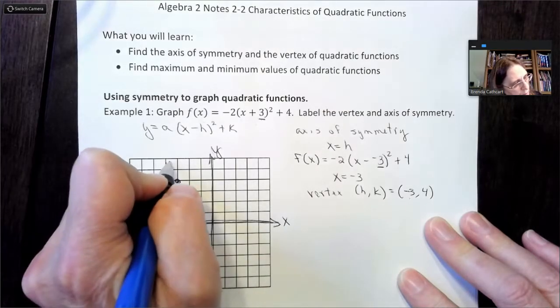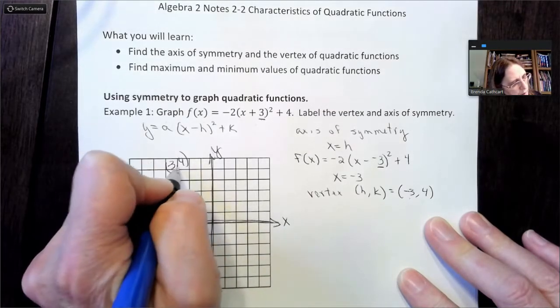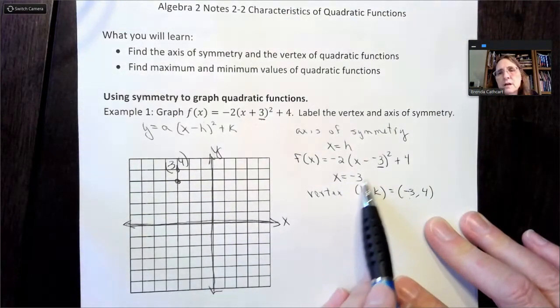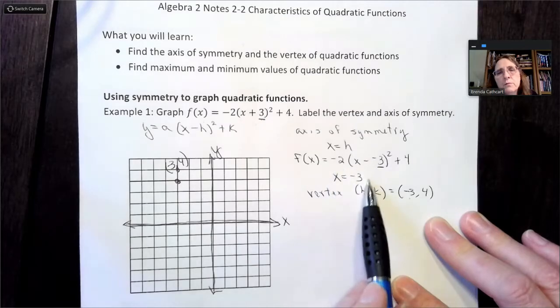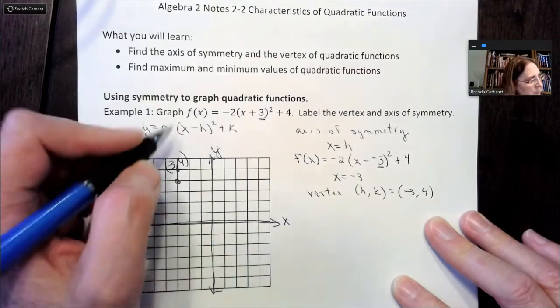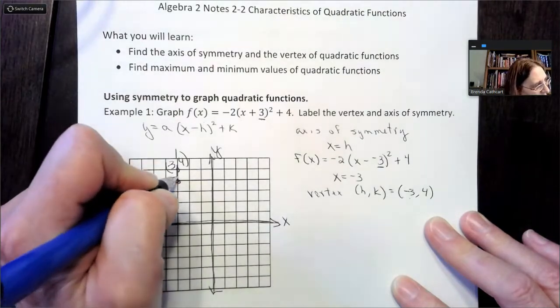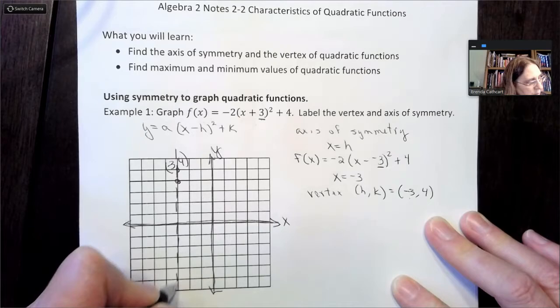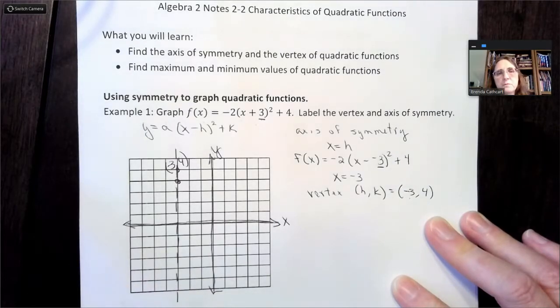That's our vertex. We're going to label it with its coordinates, -3, 4. The axis of symmetry is x equals -3, and we're going to put this on the graph in the form of a dotted line so that we see where this axis is going. So here's our axis.